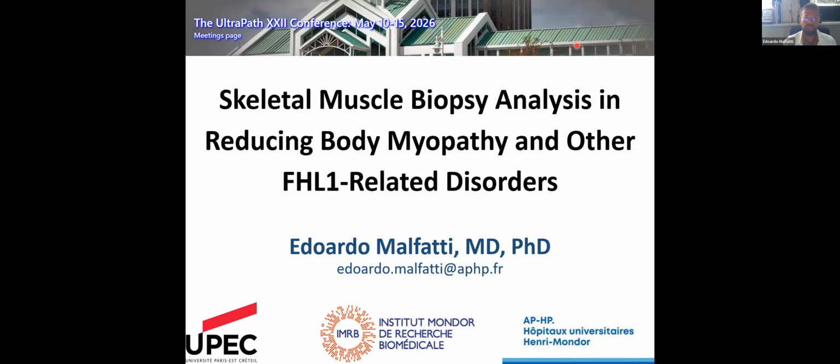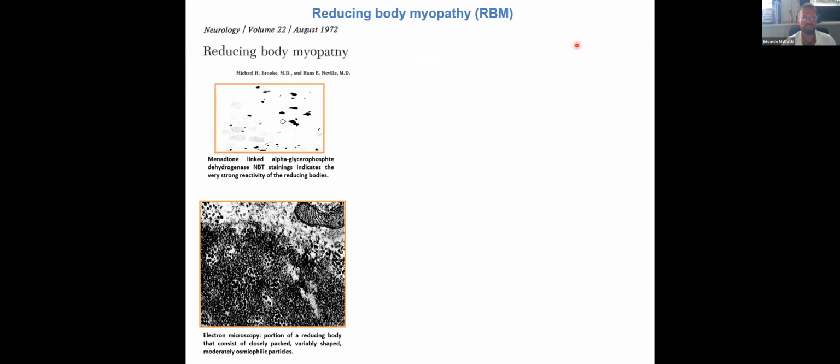And today I would like to talk to you about this intriguing structure that is the reducing body, associated with different forms of myopathies linked to a mutated gene, FHL1. The reducing bodies are not a novel structure.